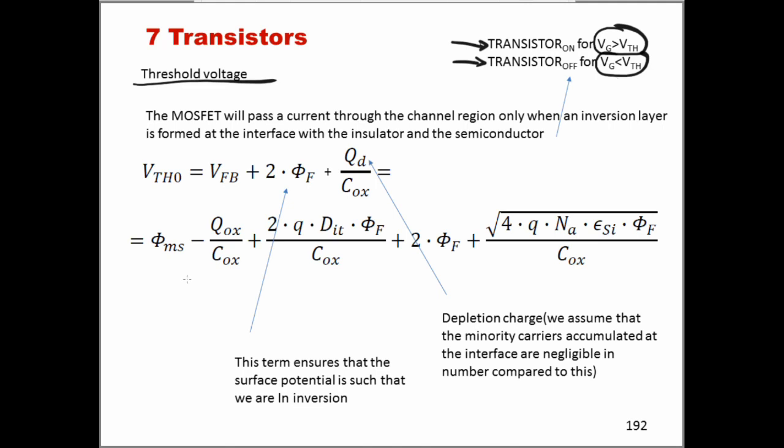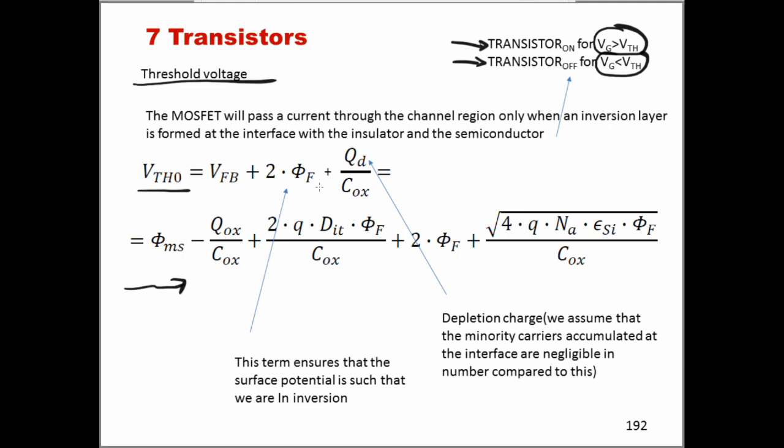Can we estimate how much the threshold voltage of a transistor generally is? Well, the answer is obviously yes, and the formula is here. Well, the final formula is this one here actually, but here I'm explaining to you how we can estimate this threshold voltage.